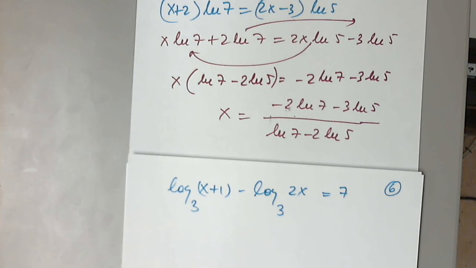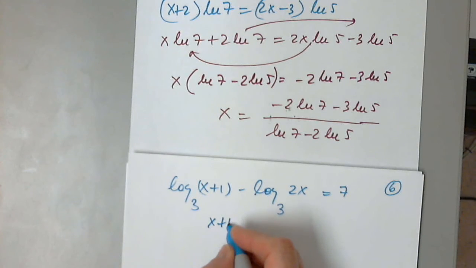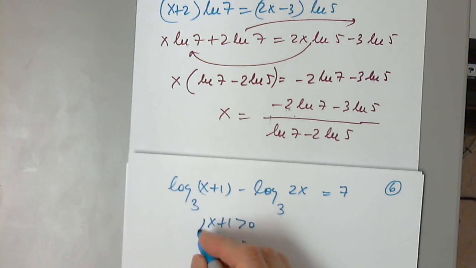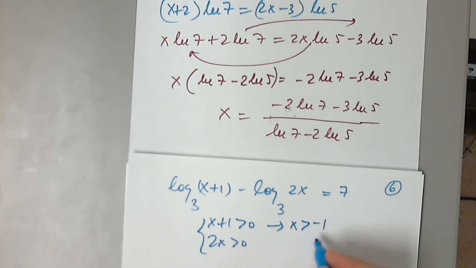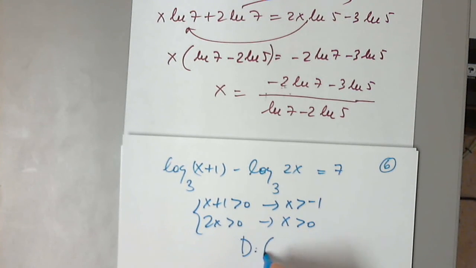So this says x greater than -1 and this one x greater than 0. So of course the domain will be 0 to infinity. When I am done with this equation, if the solution is not a positive number, then I will have to disregard it, right?